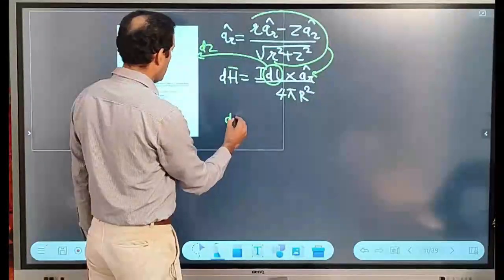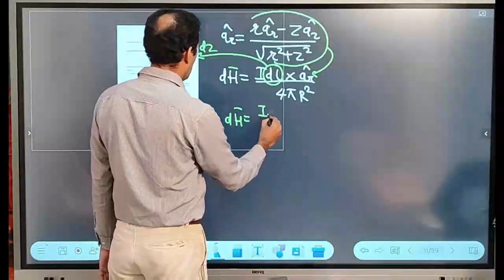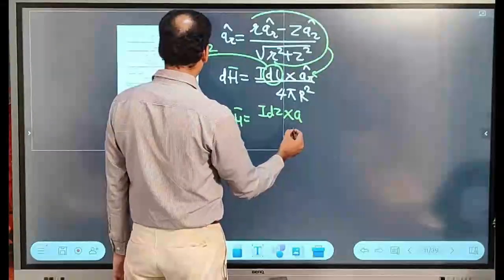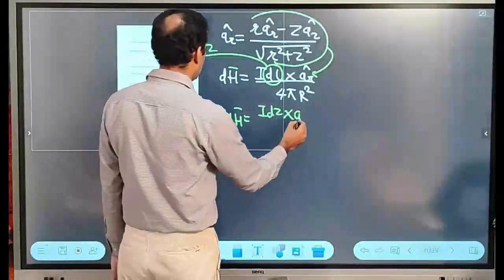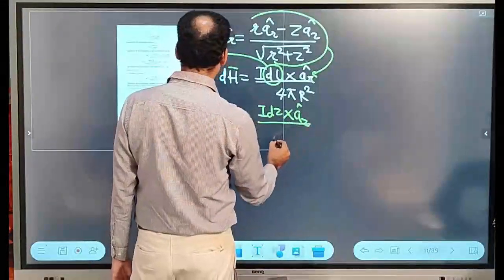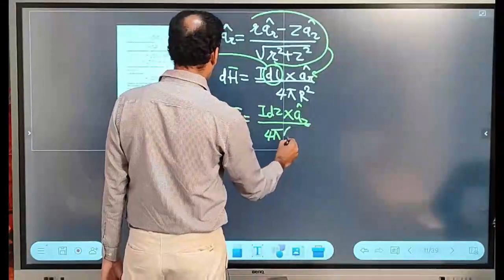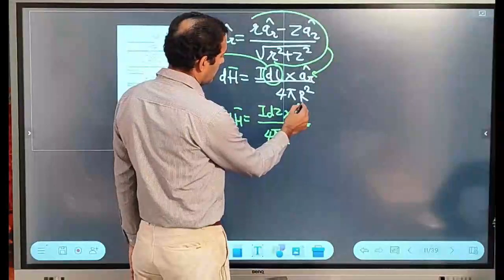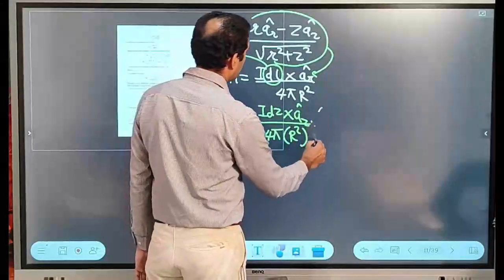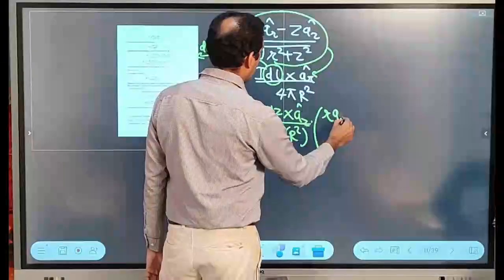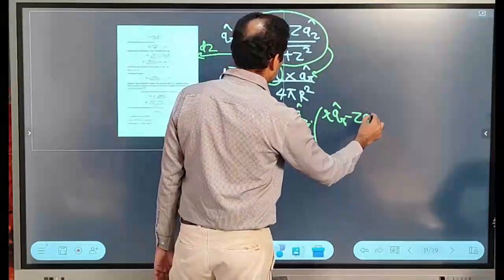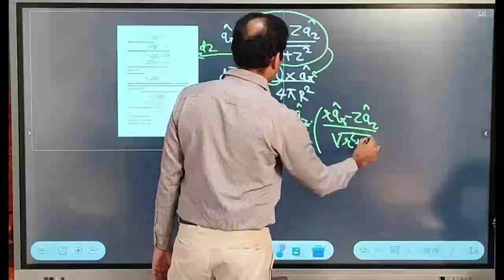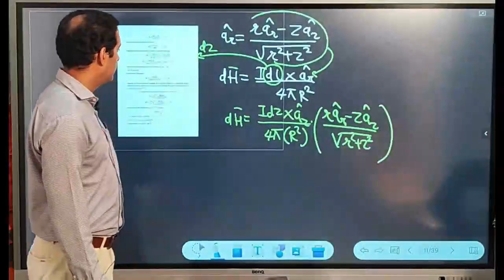So dH bar will be equal to I dz az cap, since this vector is in the z direction, divided by 4 pi r square, cross r ar cap minus z az cap divided by the square root of r square plus z square.